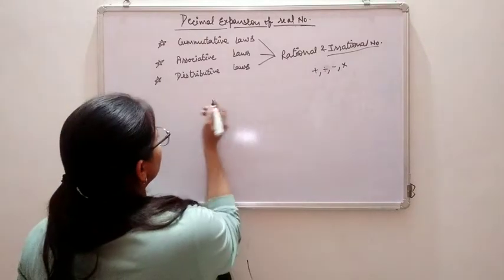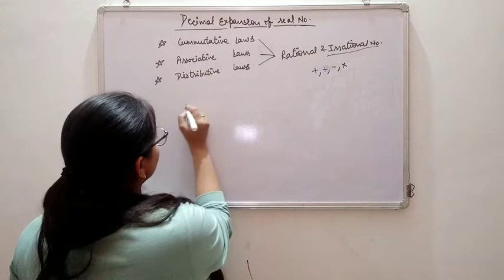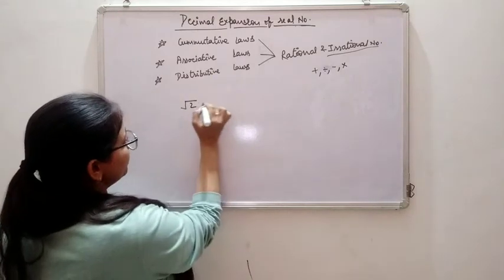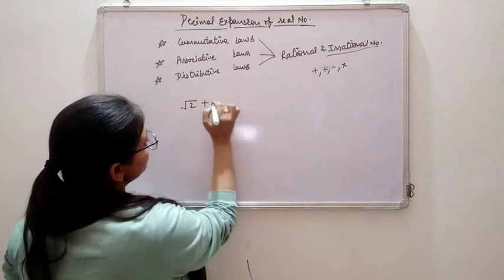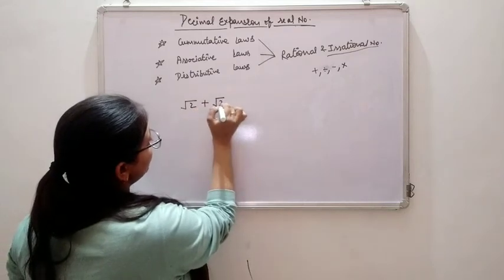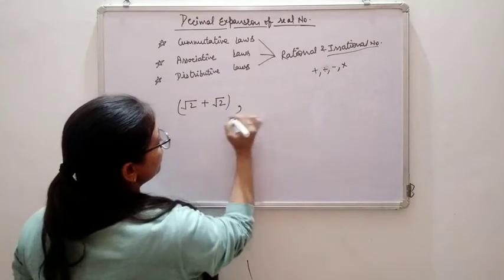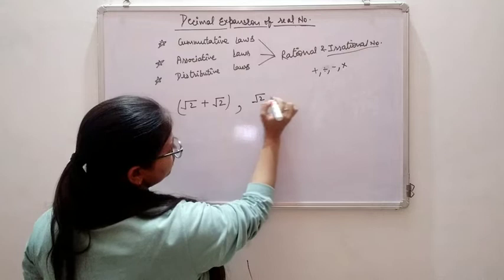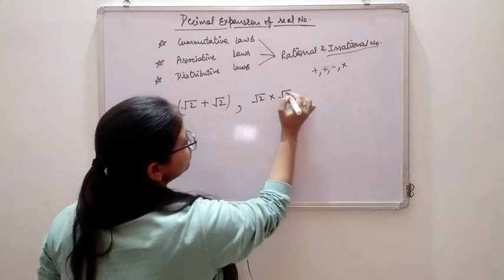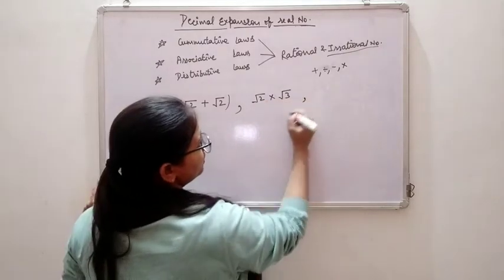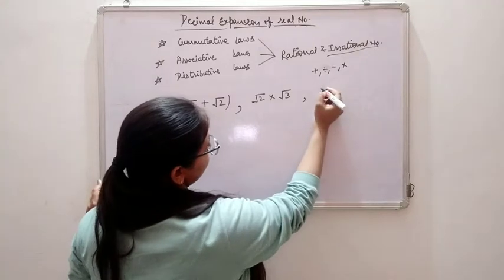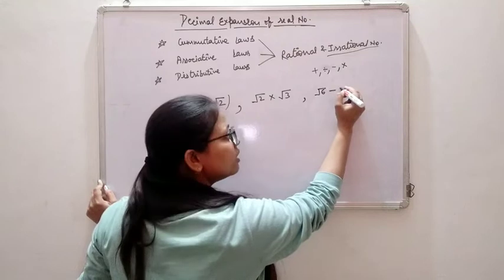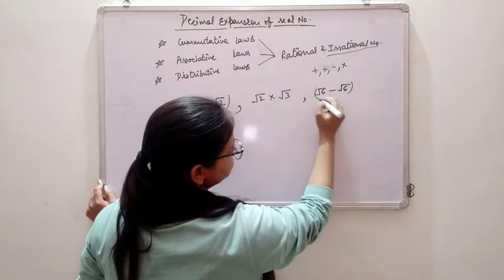So if I take an example like the addition of root 2 and root 2, right? And another example like multiplication of root 2 and root 3, and another example like root 6 minus root 6, clear?